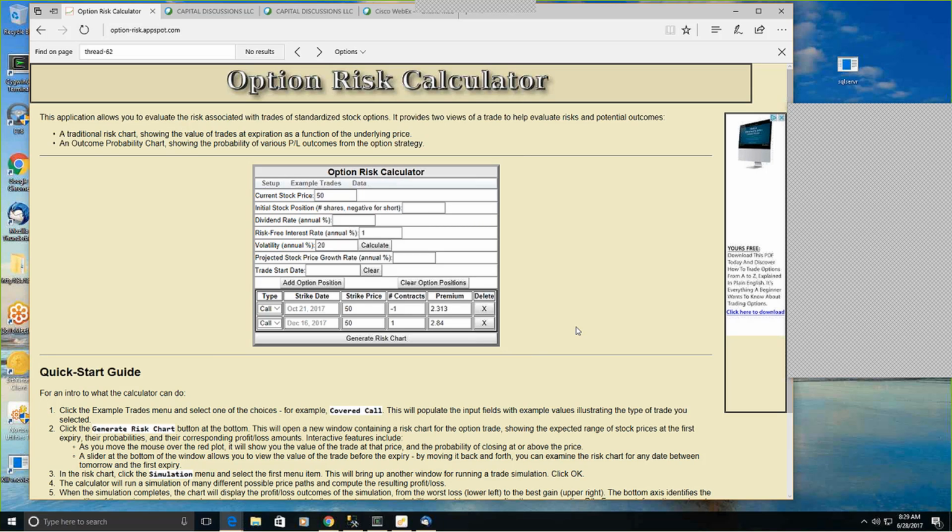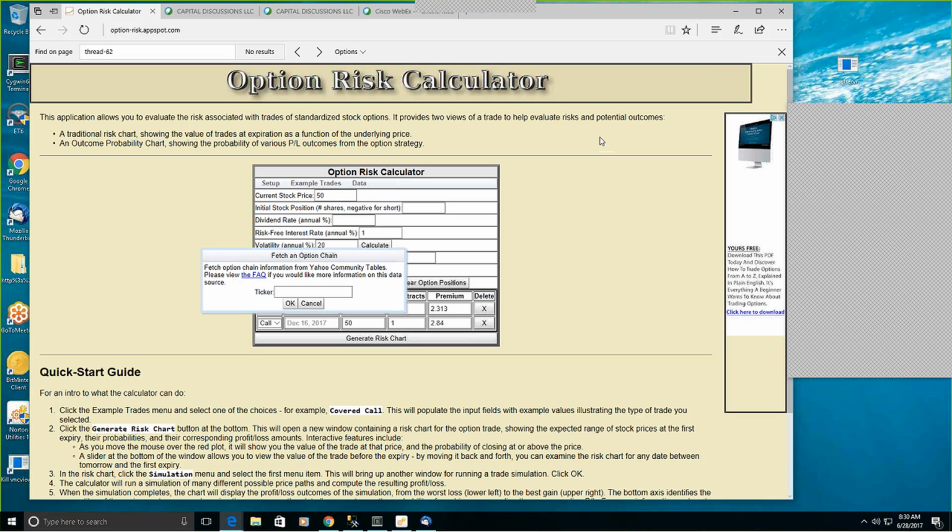I've shown you most of the features except for one. This one feature I haven't shown you yet is Lookup Option Chain, which used to work. The idea is you would put in a ticker, it would look up the option chain, and it would give you all the available strikes, the dates, the prices, and so on.